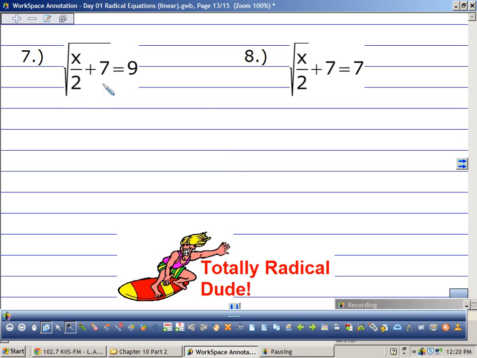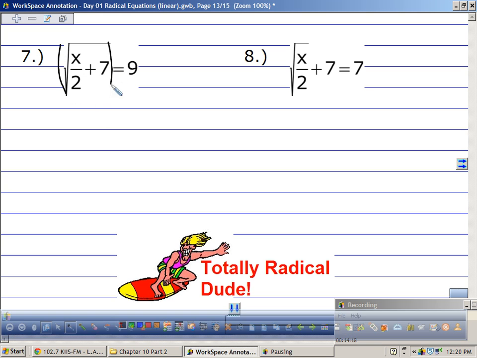Let's try this one. Is there anything I can perform before I square both sides? No. When I square this, I get x over 2 plus 7 equals 81. Now what do I do?